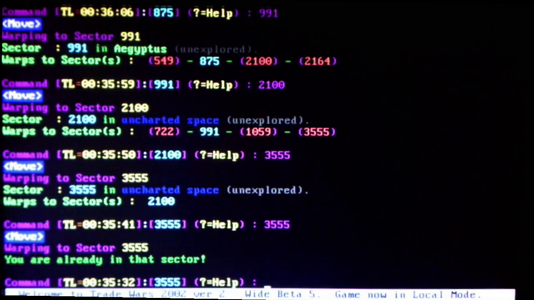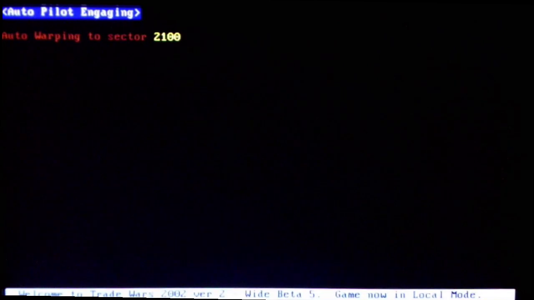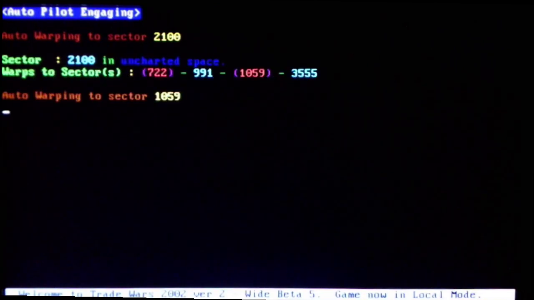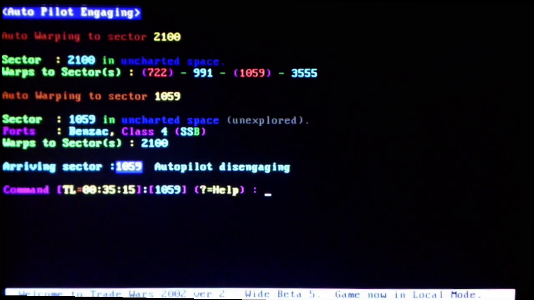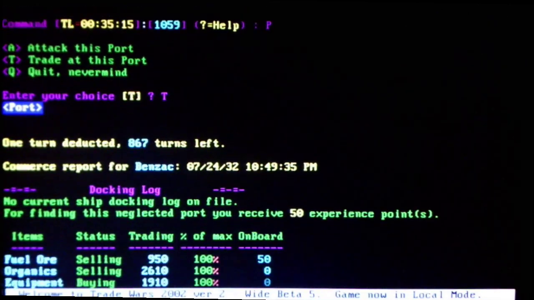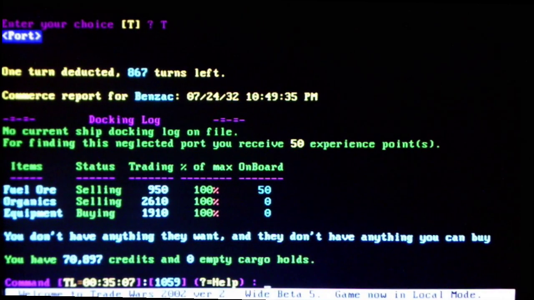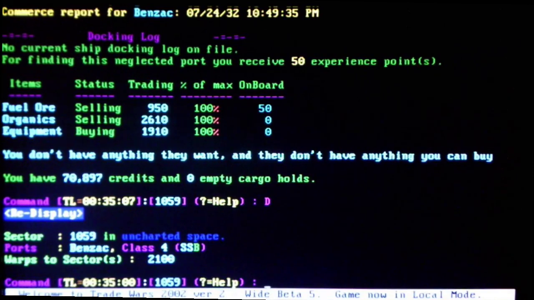Oh. 1059. And let's go. Express. We're warping. We're warping. We've arrived. Nice. Man. So let's go 2199.